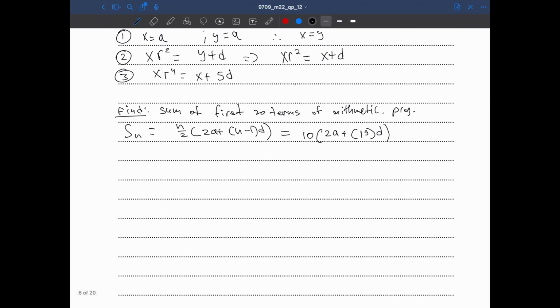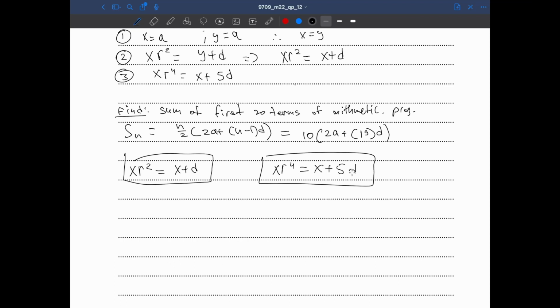So from part 2, we found out that xr squared equals x plus d. And from part 3, we found that xr to the power 4 equals x plus 5d. Okay, how's that going to help us?